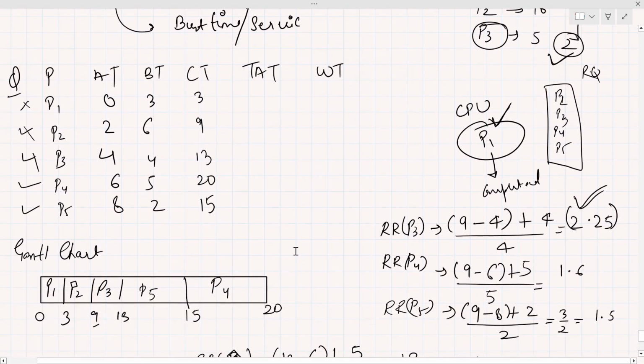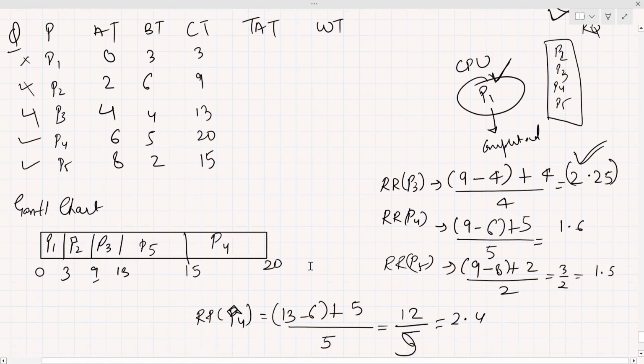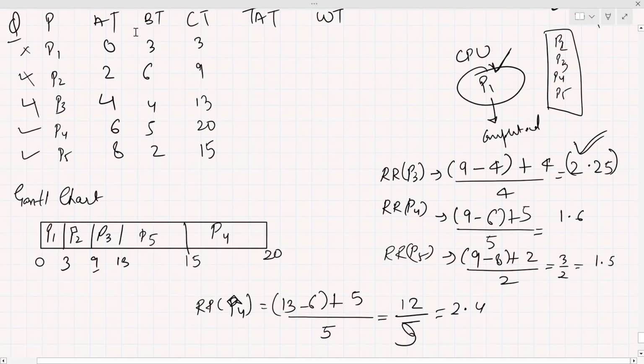For processes that wait for a very long time, HRRN selects that process after some time, because the algorithm understands that this process has waited a very long time. This is why we calculate the response ratio.